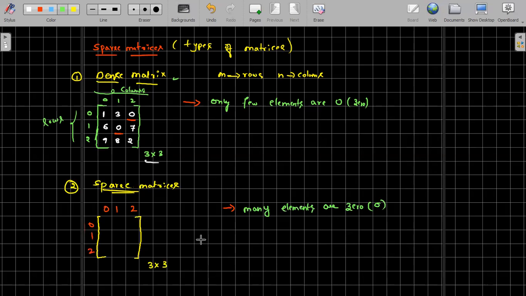Okay, so this is one. One more important point we can observe here is the relatively high proportion of 0 elements.